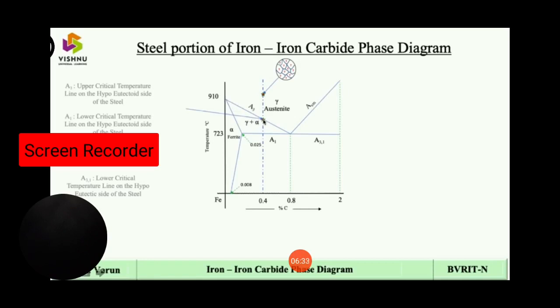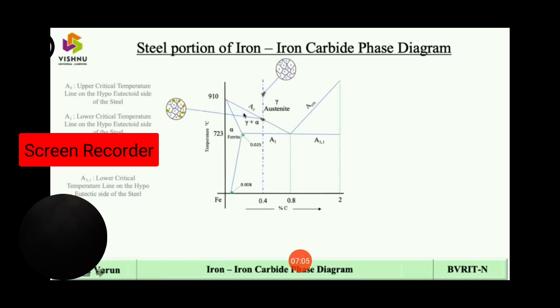At this temperature, the beginning of transformation initiates, and it will transform from FCC gamma iron to BCC alpha iron. So the allotropic change is initiated just below this upper critical temperature line on the hypoeutectoid side of the steel.